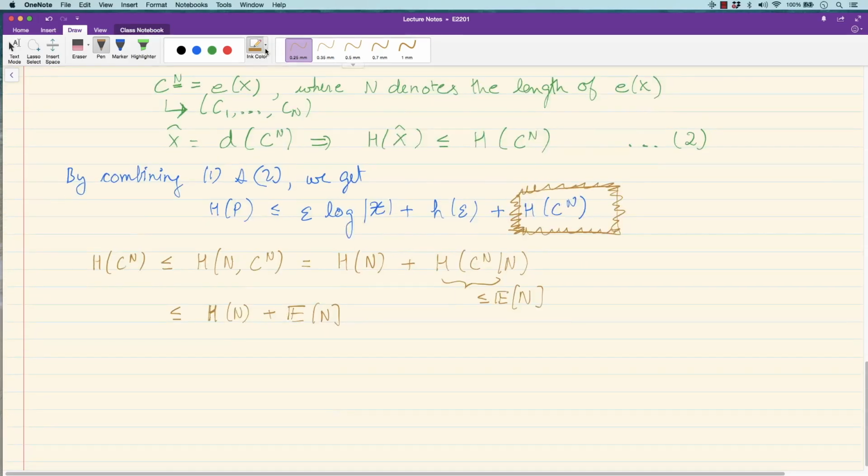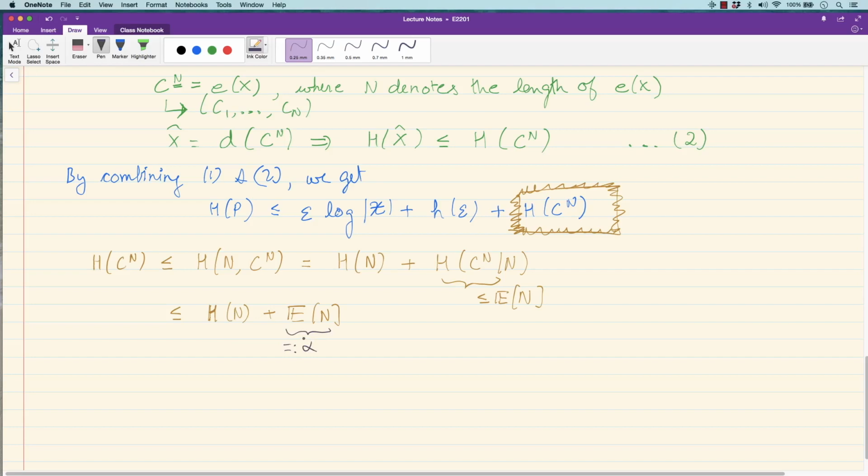Now this is where we would like to use our bound for the geometric random variable. We know that the entropy of this random variable n, among all random variables with this given expectation, is maximized by the geometric random variable. We'll denote the expectation by alpha.